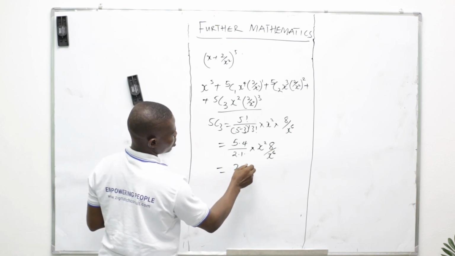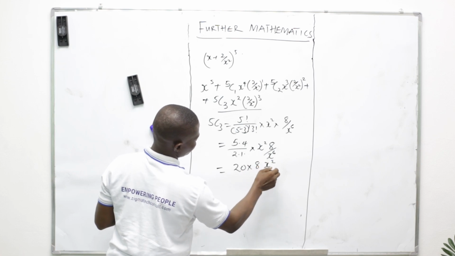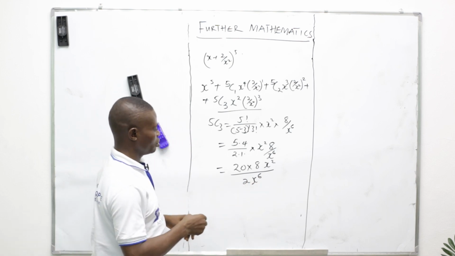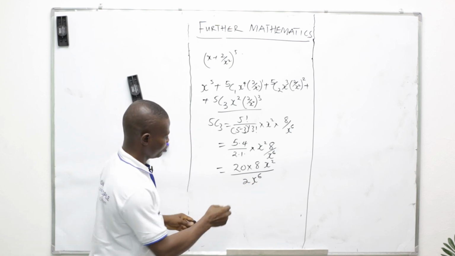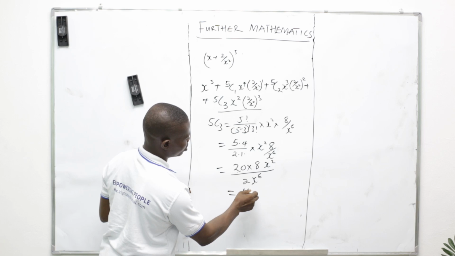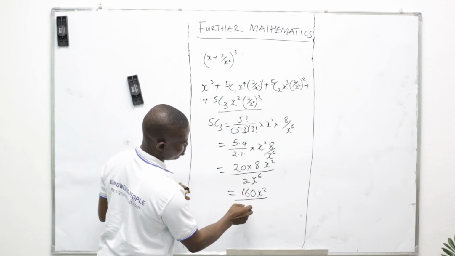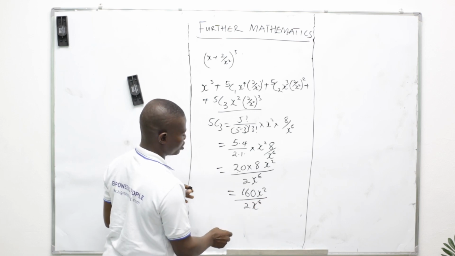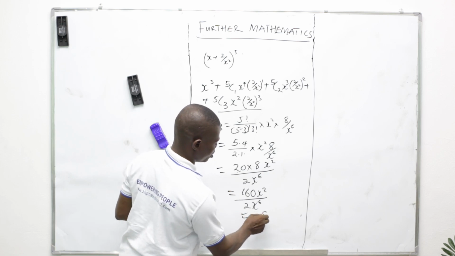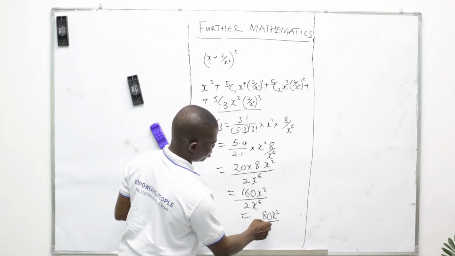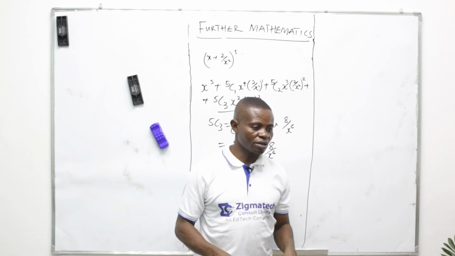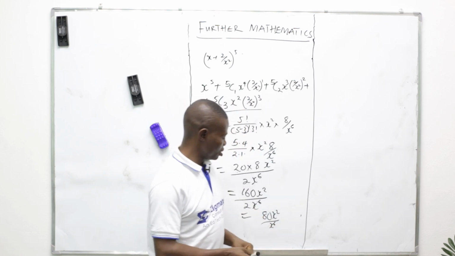This is 20 times 8 x squared all over 2x power 6. So 20 times 8 is 160 x squared all over 2x power 6. Coefficient of x squared, this is 80 x squared all over x to the 6, which will give us 80.